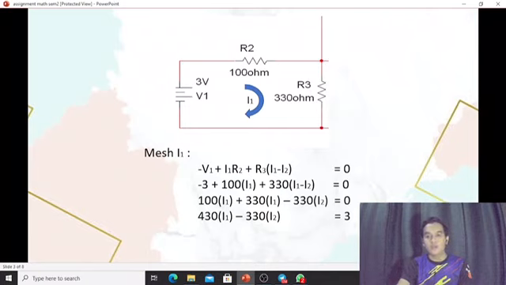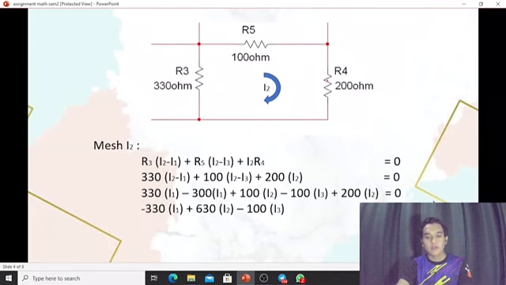In mesh I1, we get 430 I1 minus 330 I2 equals 3. So this is the answer from circuit I1.